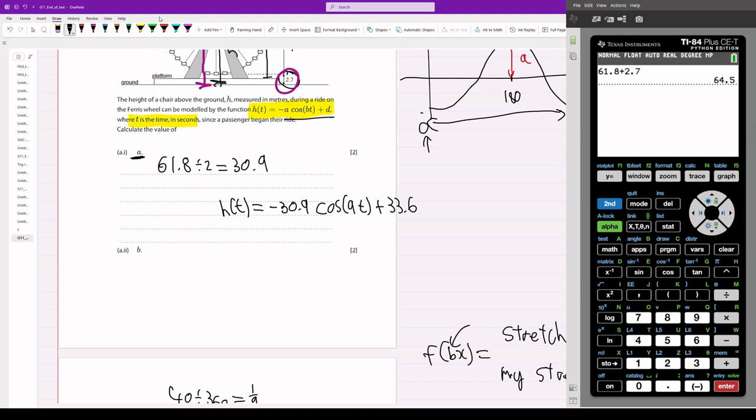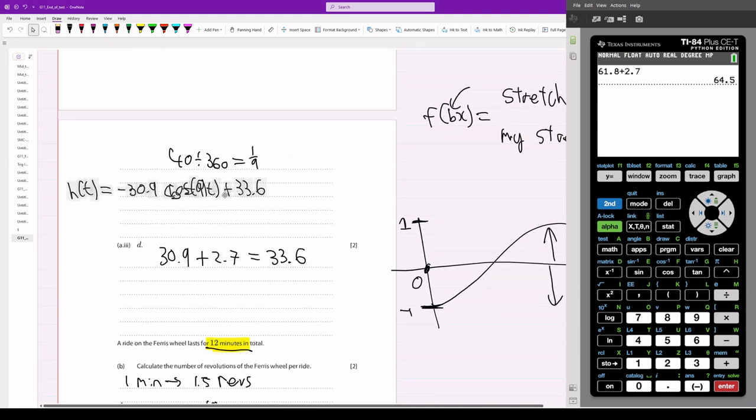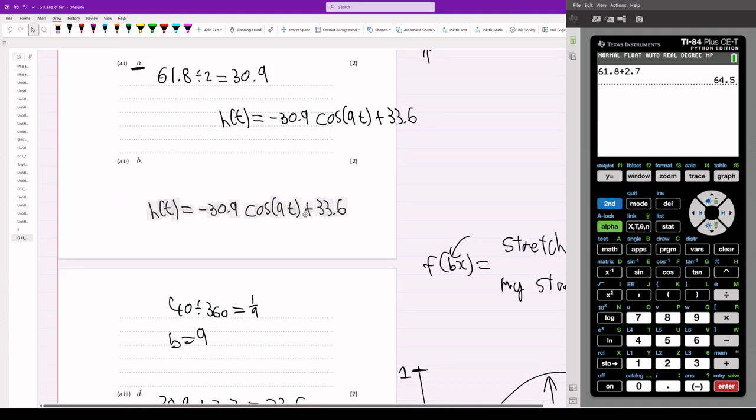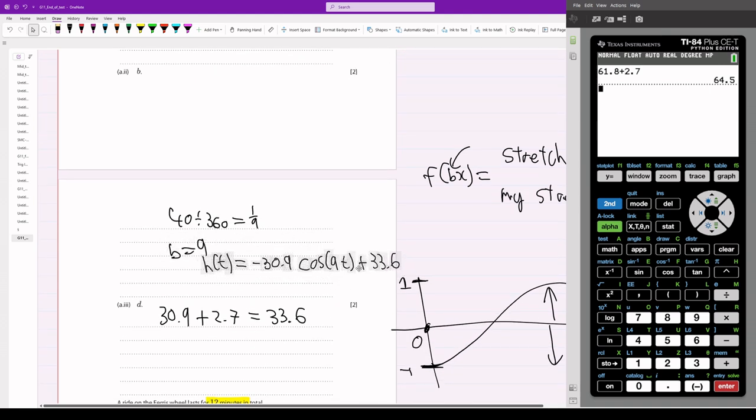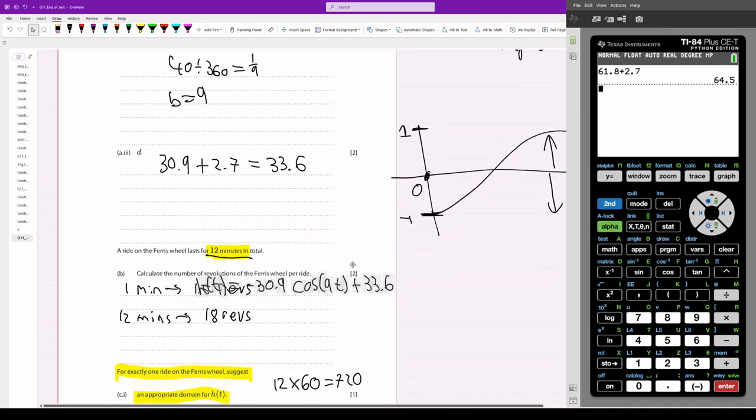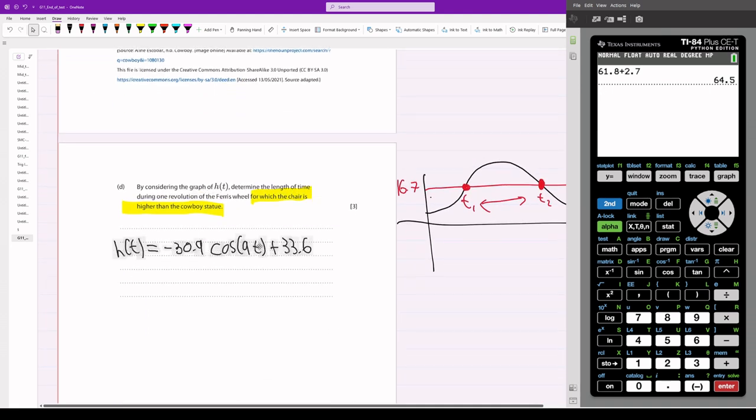That's putting together all the pieces, A, B, and D, from the first three parts. A is 30.9, B is 9, and D is 33.6. So let's put all of that together.